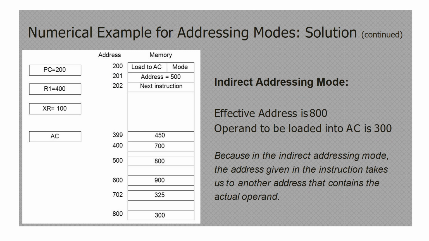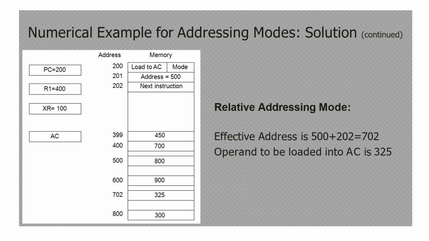In indirect addressing mode, this 500 is the address of the operand. At this 500 we have 800, so this 800 is the effective address, and the operand to be loaded is 300, because at this effective address we have the value 300.